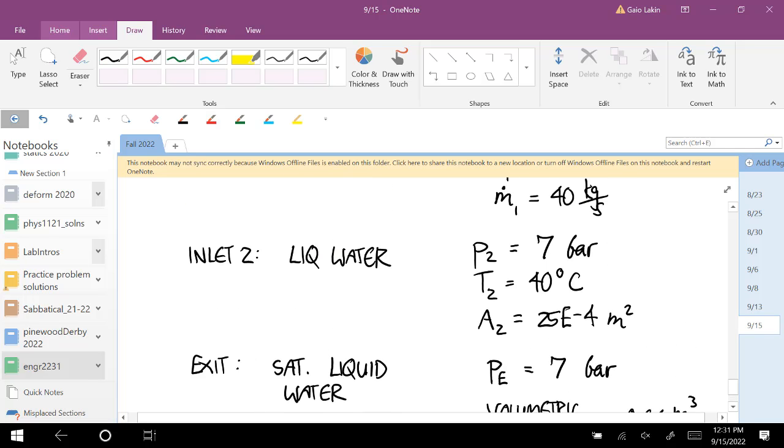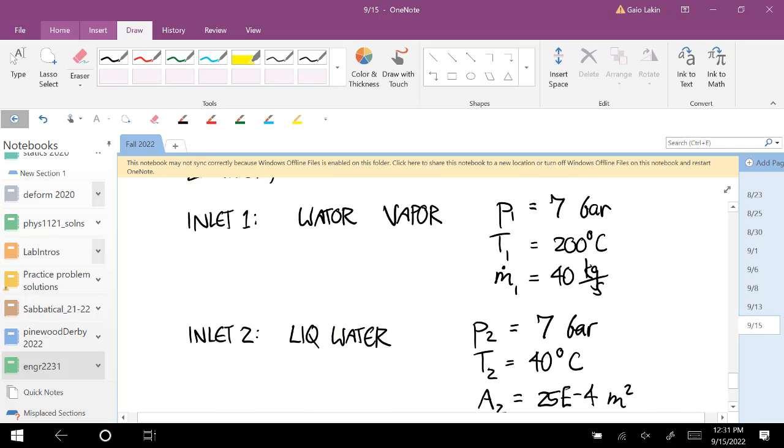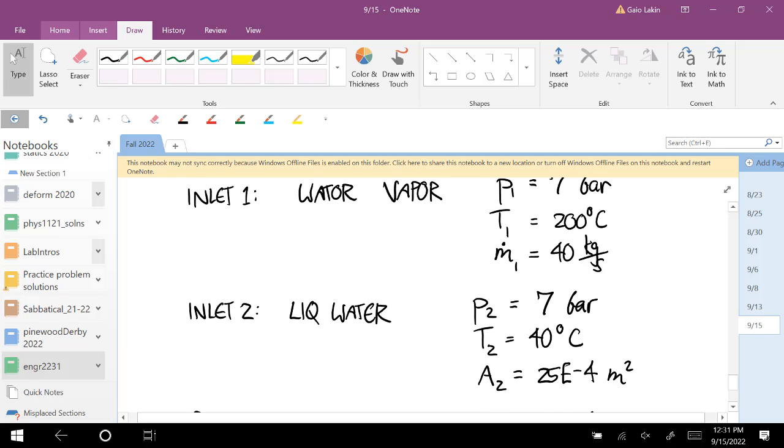Okay, well, first, do we have enough information to, so if we're going to calculate the mass flow rate at inlet 2, we need to have the area, the speed of the material flowing in, and the specific volume, right?